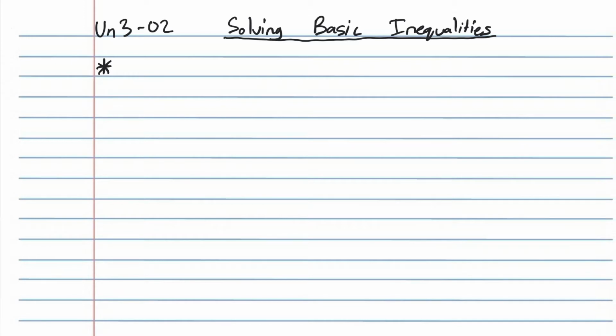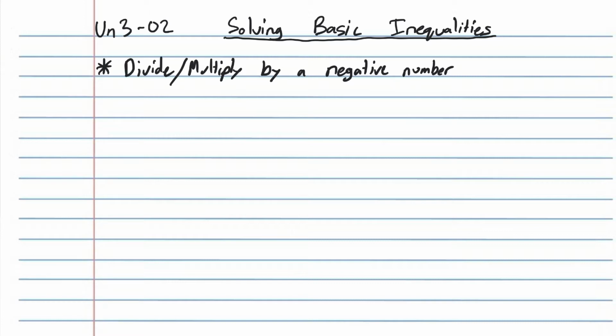So the only difference between solving an inequality and solving an equation is that if you divide or multiply by a negative number, then your inequality symbol has to flip around.